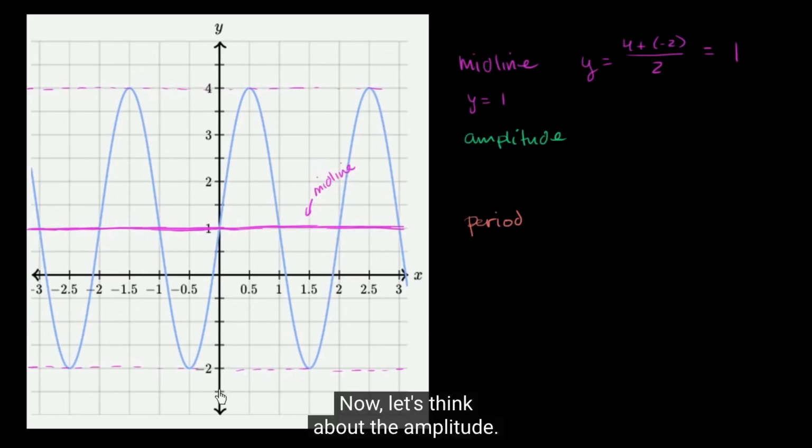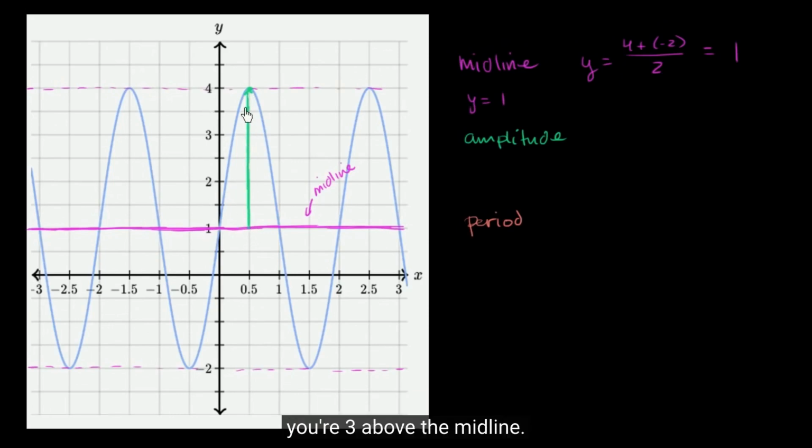Now let's think about the amplitude. The amplitude is how much this function varies from the midline, either above or below. The midline's in the middle, so it's the same amount whether you go above or below. At this maximum point, how far above the midline is it? To get from 1 to 4, you go 3 above the midline.